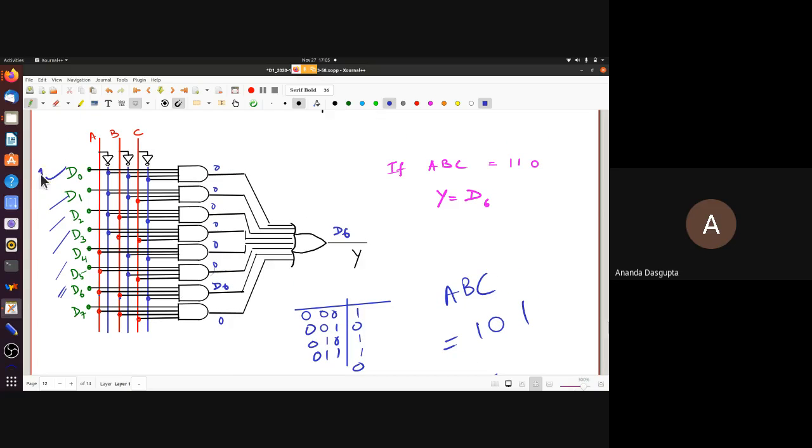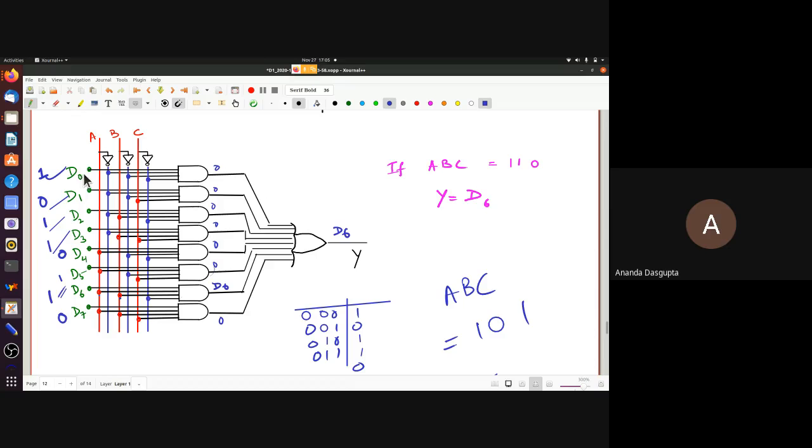So if I just do this, instead of D0, I put 1. Instead of D1, I put 0. I put 1 here, 0 here, 1 here, 0 here. So what will this circuit do? When you give it 0, 0, 0 for ABC, it's going to give you 1 as output.